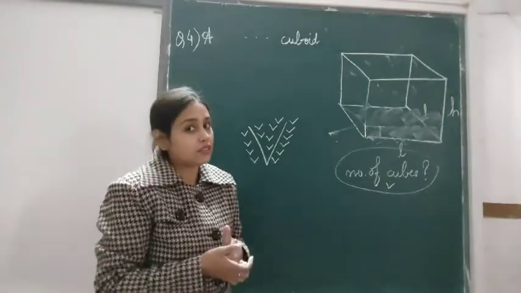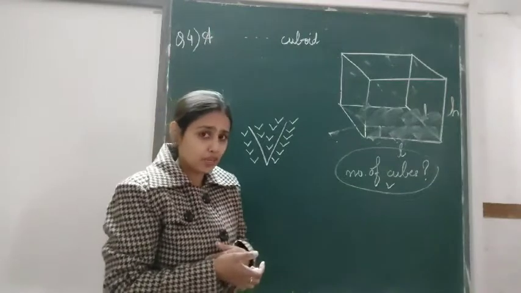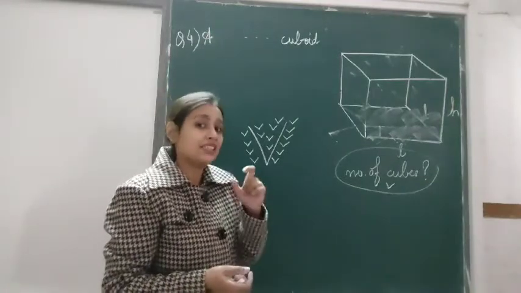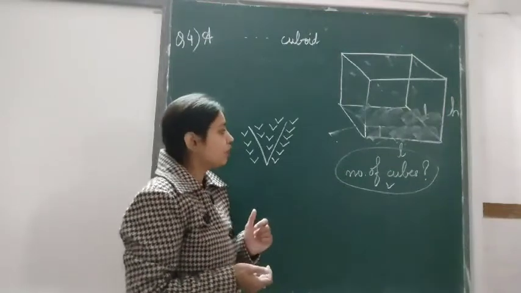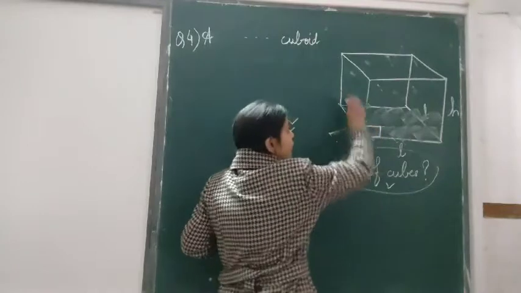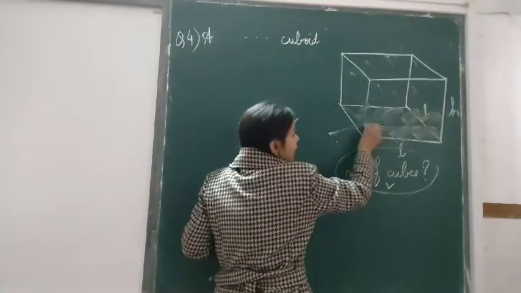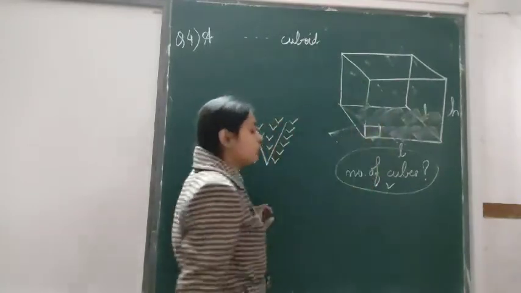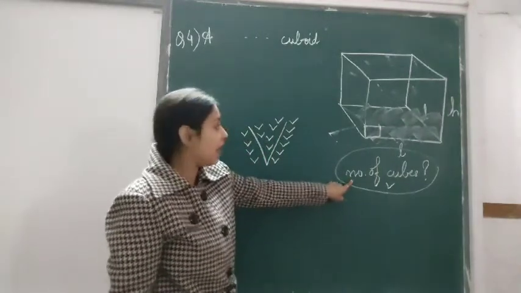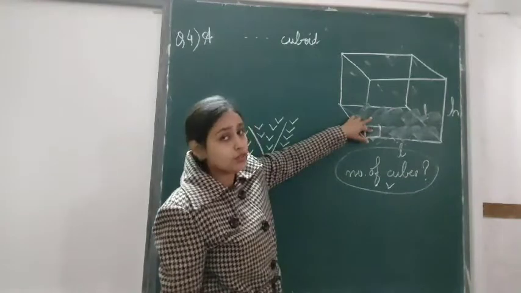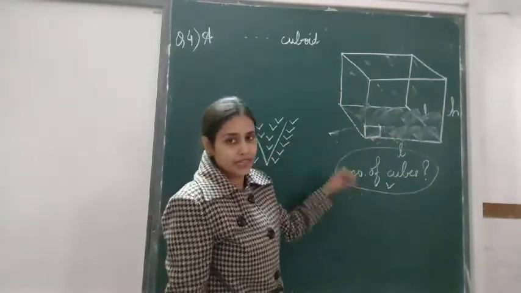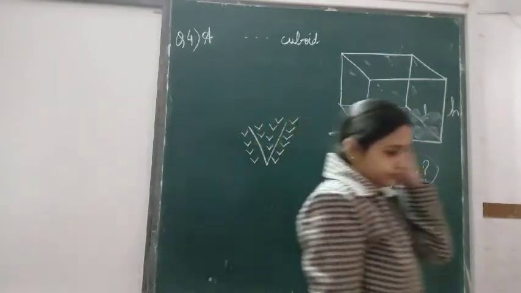Now, minus, minus, minus means repeated subtraction. So, whenever it's a repeated subtraction, what we do? We divide. Yes. So, we are going to divide the two volumes. Which volume? This volume and this volume, to get the number of cubes. And to divide the two volumes, we need to know the two volumes. So, for that reason, we will be finding the two volumes.